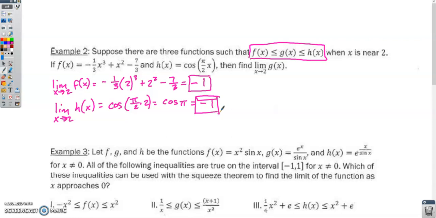Since we know that g of x is in between f of x and h of x, and we know that the limit as x approaches 2 of f of x equals the limit as x approaches 2 of h of x, that tells us that the limit as x approaches 2 of g of x is equal to -1, because of the squeeze theorem.